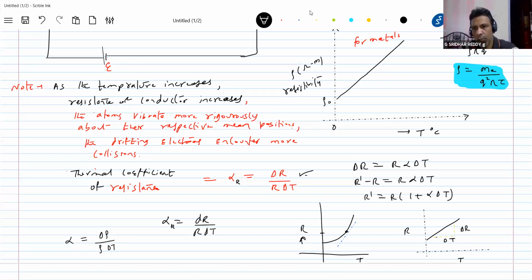For a bulk of material, if you are discussing a material, use this formula. If you are discussing resistivity, use this particular formula. Both are the same.